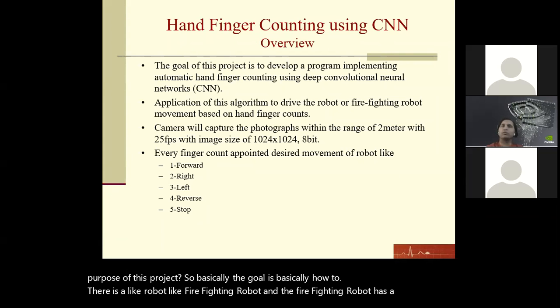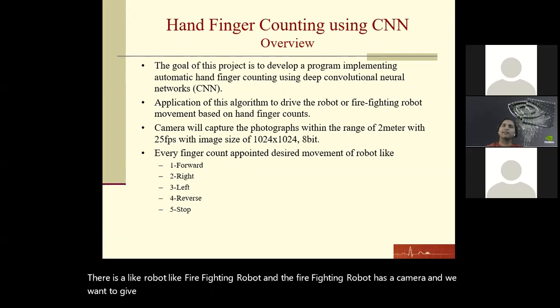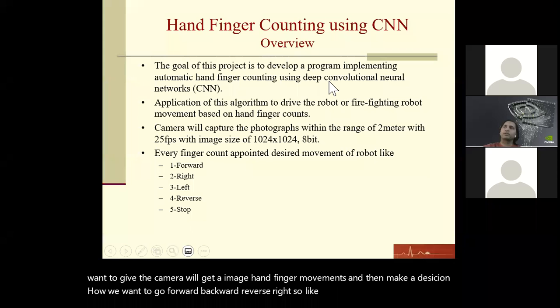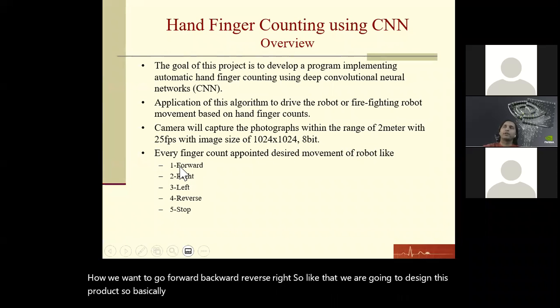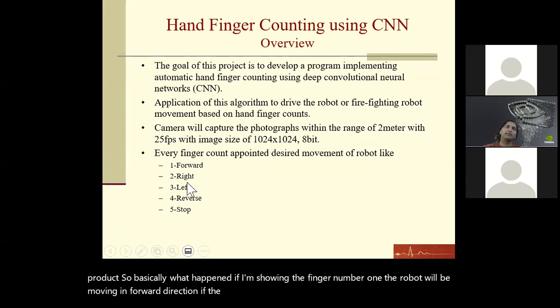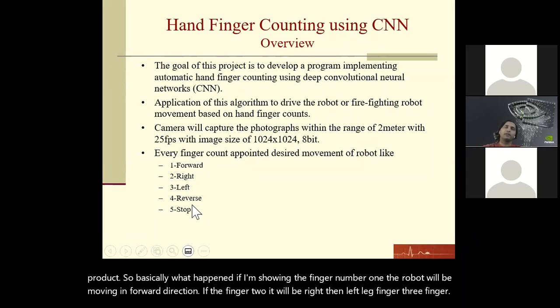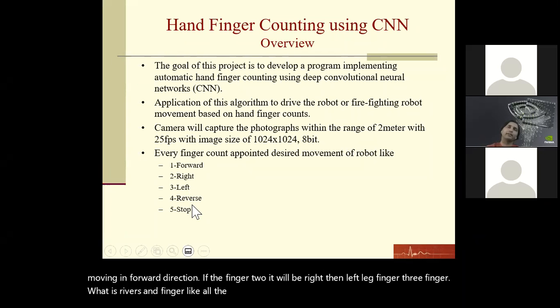The camera will get an image of hand finger movements and then make a decision on how we want to go: forward, backward, reverse, right. So that's how we are going to design this product. If I show finger number one, the robot will move in the forward direction. Finger two, it will go right, then left with finger three, finger four is reverse, and if I show all five fingers of the palm, then it will stop.